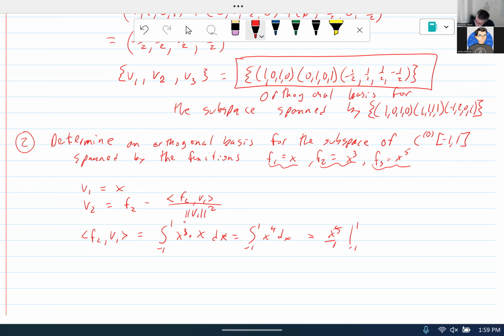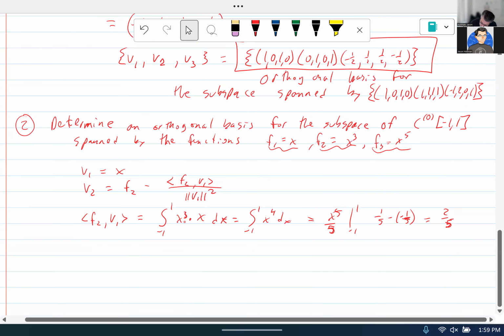So this becomes 1/5 minus -1/5 because of the odd power, which becomes 2/5.